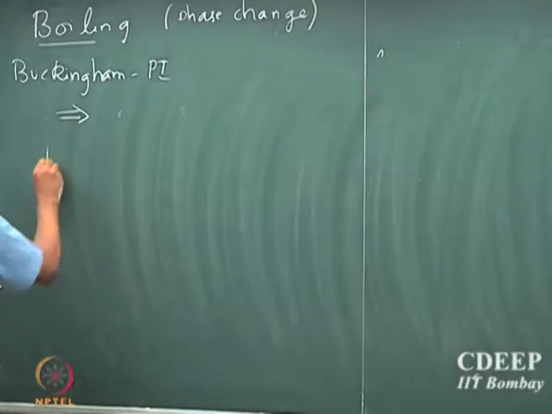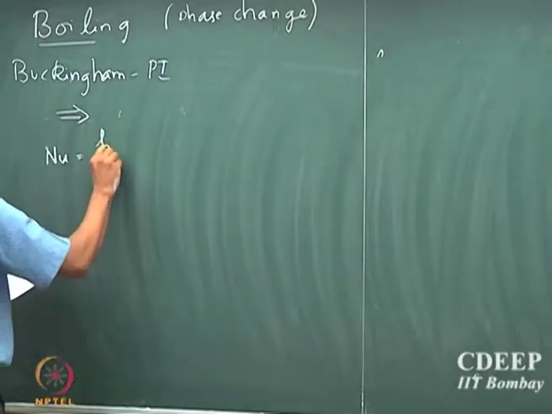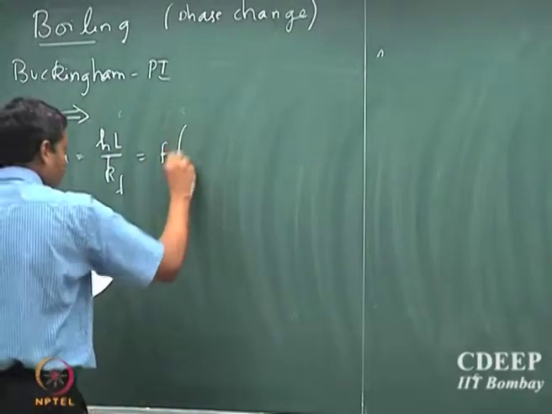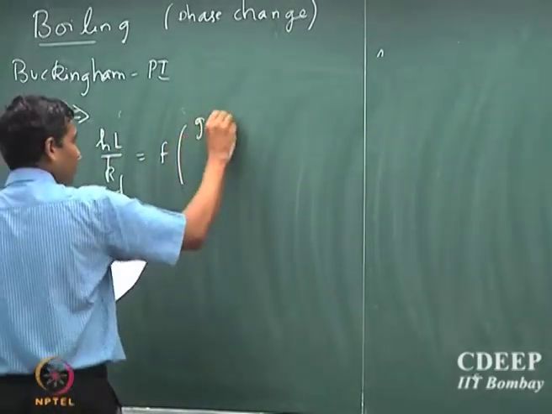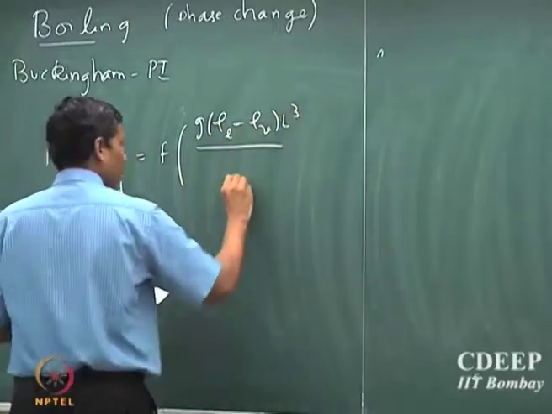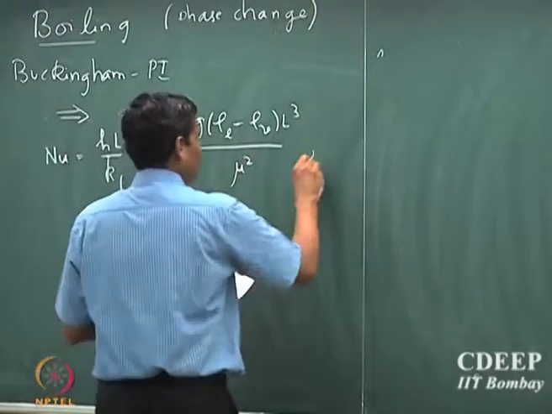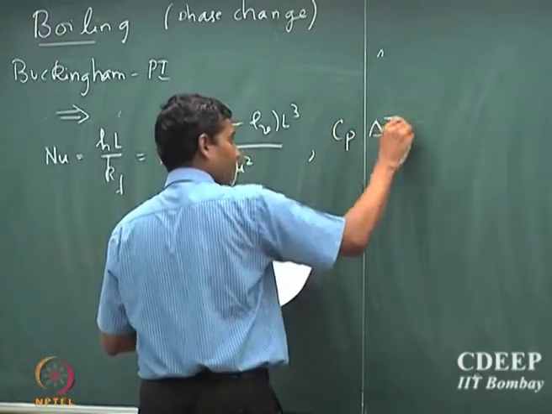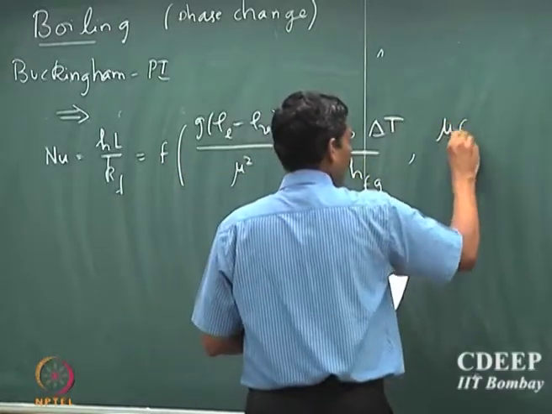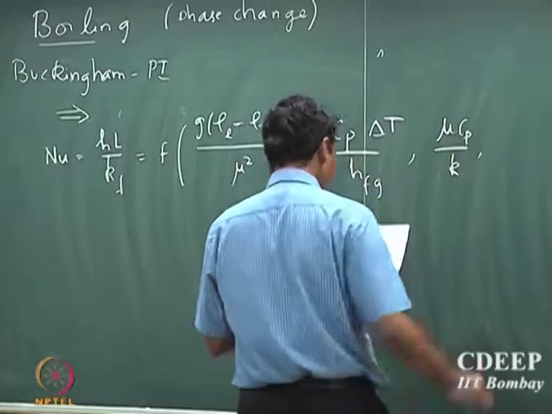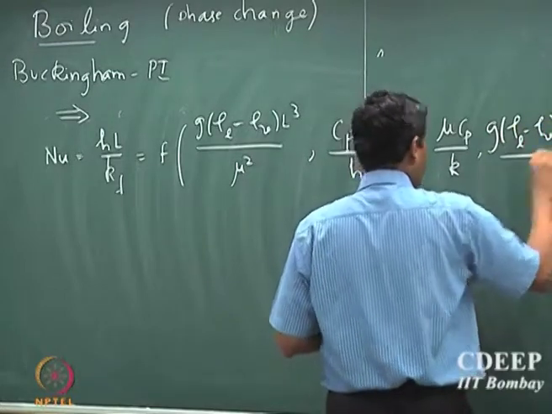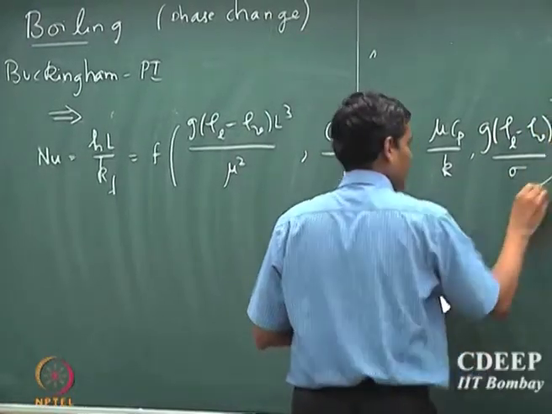That will be Nusselt number equal to hL by kf, and that will be a function of g rho l rho v L cubed by mu squared, comma Cp delta T by h_fg, and mu Cp by k, which is Prandtl number, and g (rho l minus rho v) L squared by sigma.